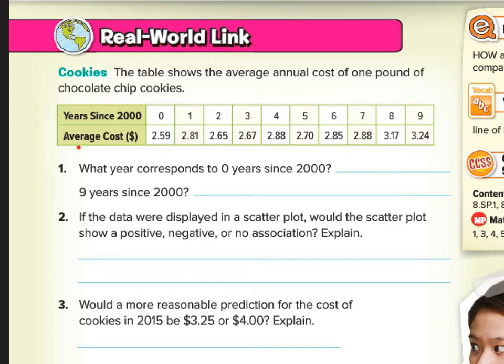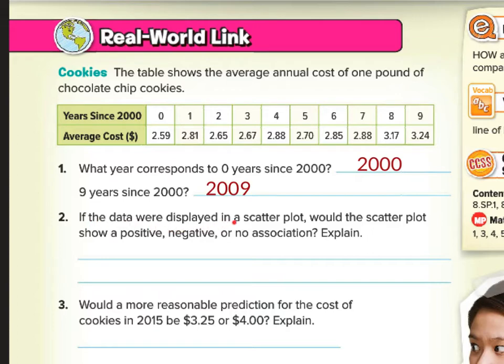So we have years and average cost, our X and our Y. What year corresponds to 0 years since 2000? Well, if we're talking about the year 2000, and that's our starting point, that would be our year 0, correct? And then 9 years since 2000 would be simply 2009, as we count it here from the year 2000 to 2009.